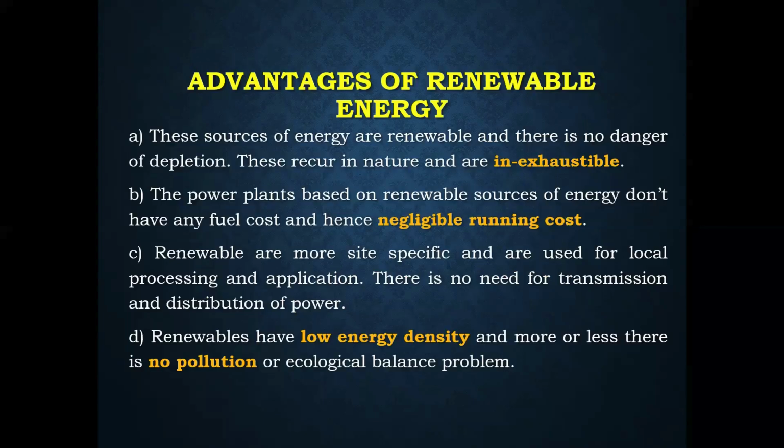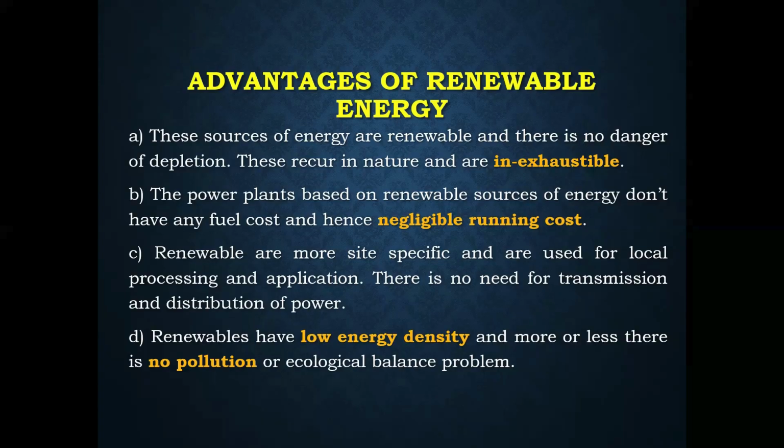So you can take down the advantages of renewable energy sources. The word itself says it is renewable energy. That means there is no danger of depletion. These are present in nature and they are inexhaustible. That is the main advantage. Then the power plants running on renewable energy sources don't have any fuel cost.